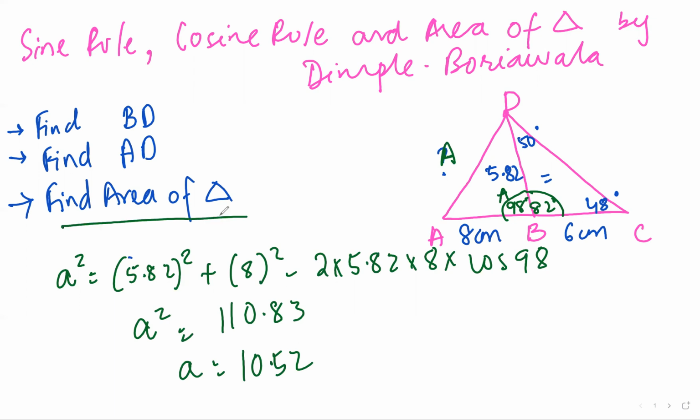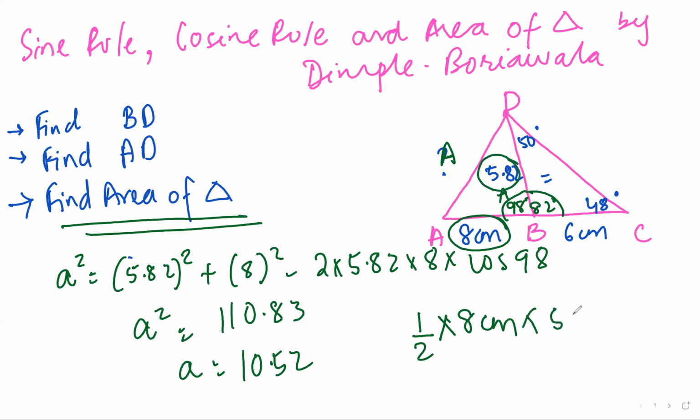Now they have said find the area of the triangle. Because this is a non-right angled triangle, we cannot apply our basic triangle formula, half into base into height. So we will apply half into base, this is 8 centimeters, into this side, which is 5.82 centimeters, and related to both these sides there is this angle, which is 98.